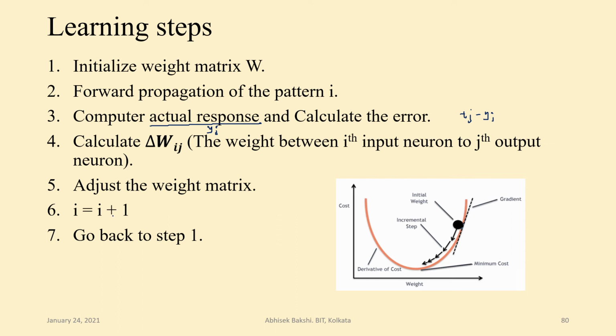Go back to step 1 means, I should not go back to step 1. Rather, I should go back to step 2. It is not true, I should go back to step 2, because initialization of the weight matrix will never come again. So we have a loop between step 2 to 7. So one thing is very clear with respect to implementation of the learning algorithm of artificial neural network.